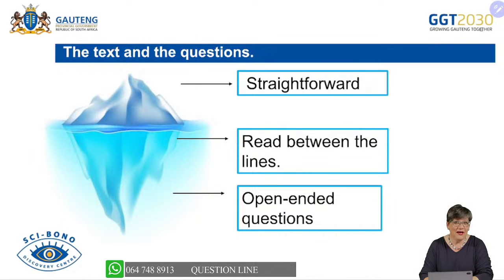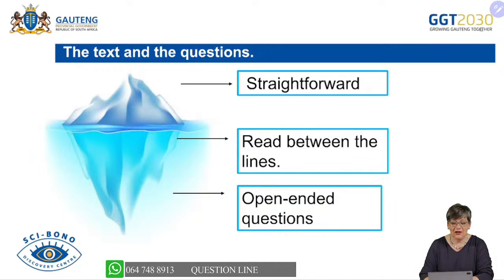Now, the same can be said about the questions and where you're going to find the answers. The questions that are above the surface are the straightforward ones. The ones where you can find the answer directly in the text. It's the easy ones. About 40% of your question paper should be made up of these questions.